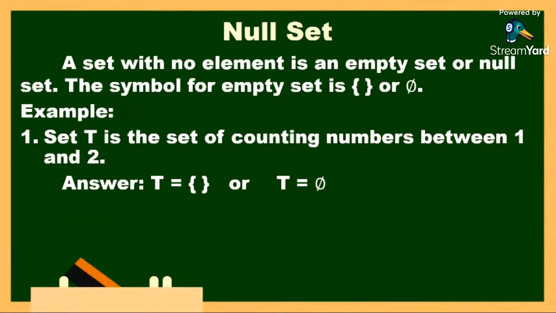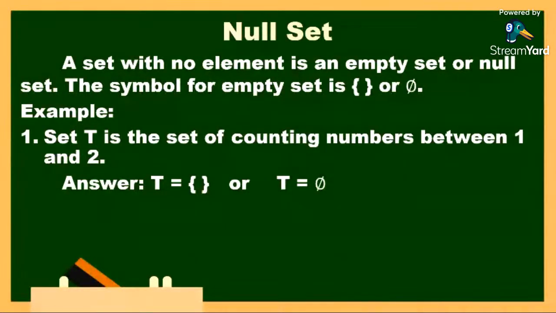Ibig sabihin, dahil merong word na between, meron pong dapat na number na nakapagitna o nasa middle ni 1 and 2. So, since dalawang number lang naman ang nandun, walang counting number na nasa gitna ni 1 and 2. Kaya siya naging empty set. Si T ay isang null set or empty set.